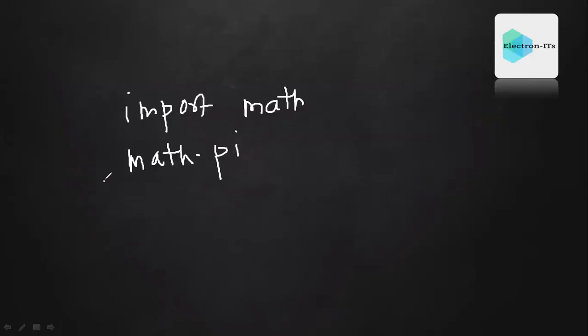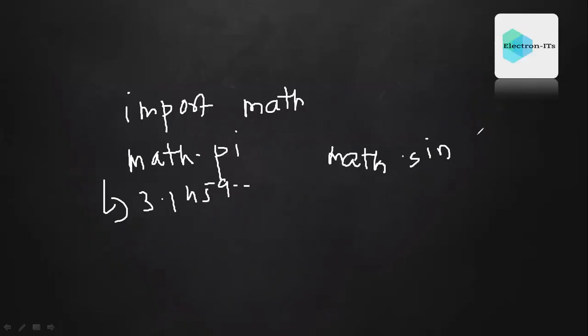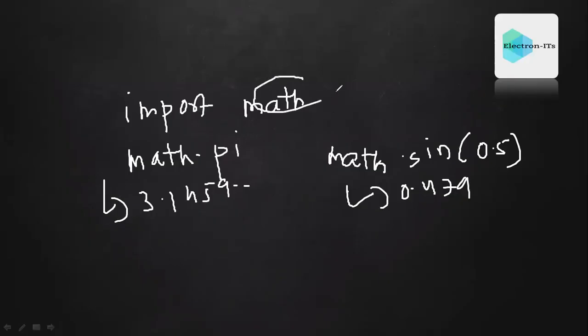It will generate the result as 3.14159. Similarly, you can use math.sin of some value, 0.5, so it will generate the result 0.479 and so on. So by importing the math library, you can use advanced numbers in Python.